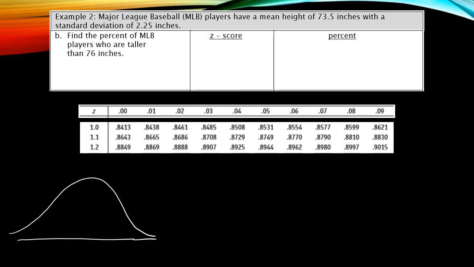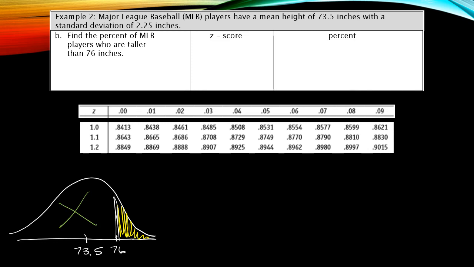I'm going to put the mean on here, which is 73.5. I know that 76 is going to be somewhere to the right of that. So this is what I'm actually looking for, is everything that is to the right of 76. The catch is that if I use the z-score table and I find the percentile, the answer it's going to give me is what is to the left.